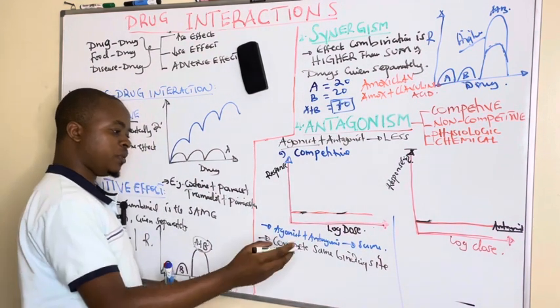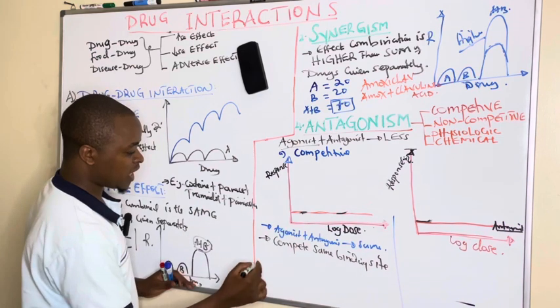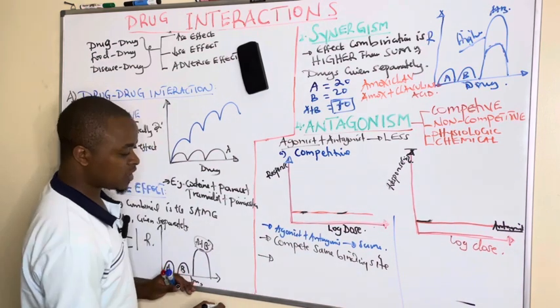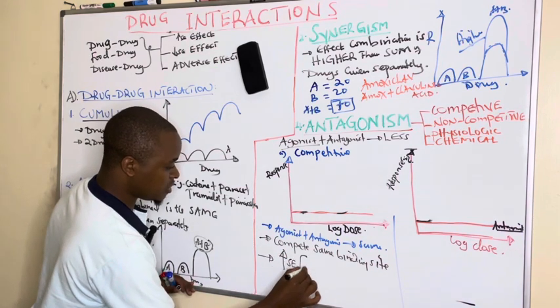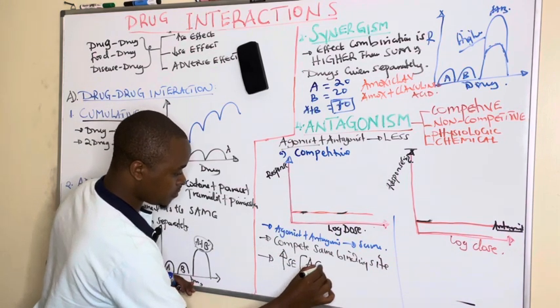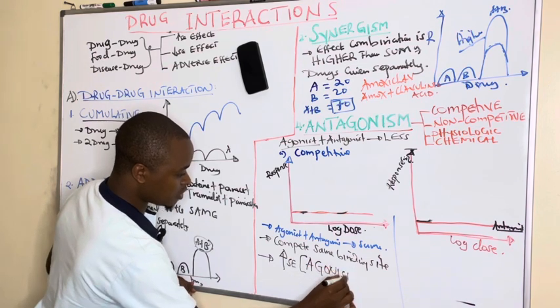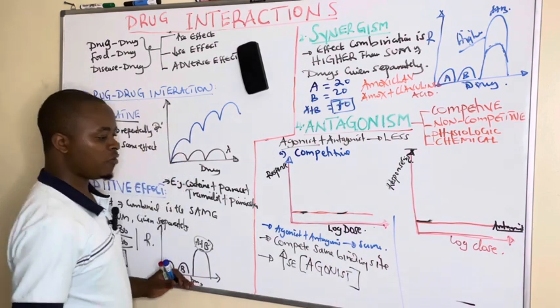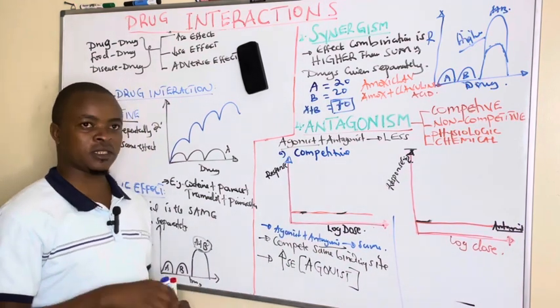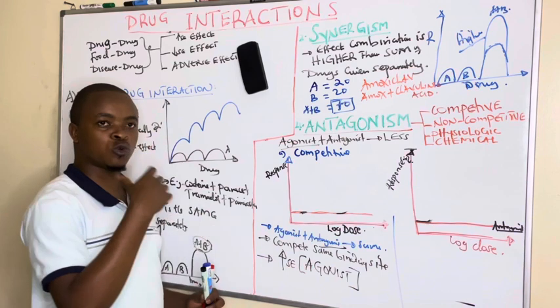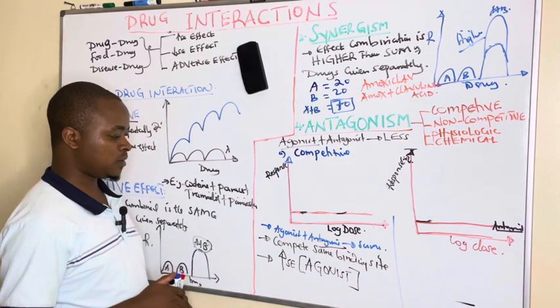And because they are competing, we can always overcome this antagonistic effect by increasing the concentration of the agonist. When we increase the concentration of the agonist, we overcome the antagonist, because the agonist outcompetes the antagonist.